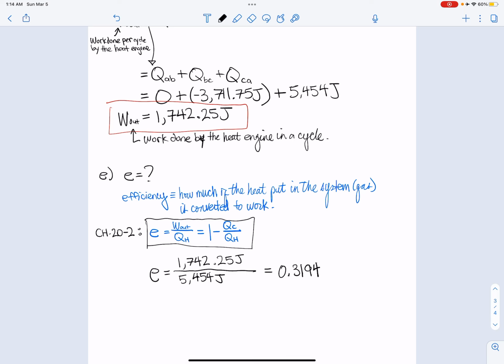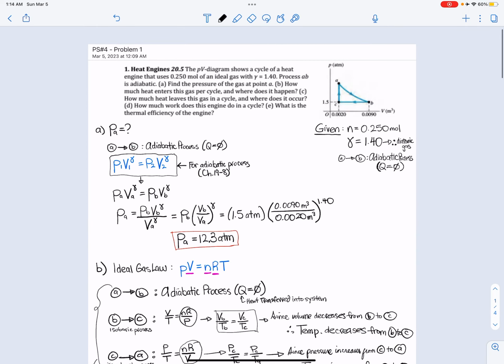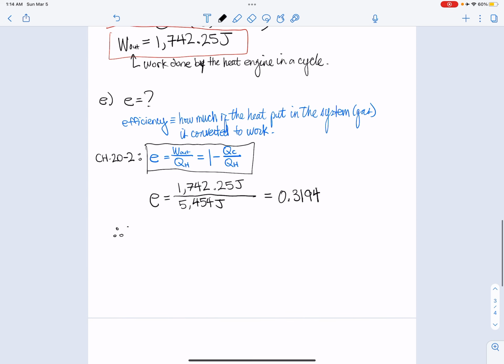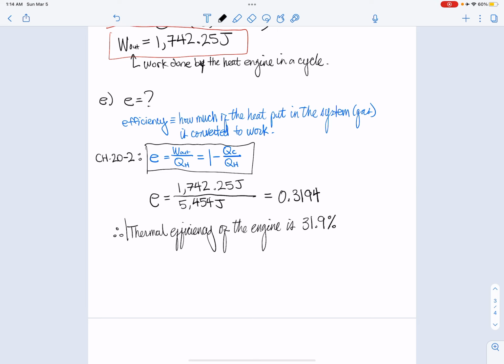The units cancel out, so there are no units for efficiency. So our final answer for part E, the thermal efficiency of the engine, is 31.9%.